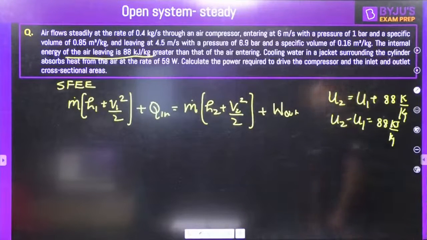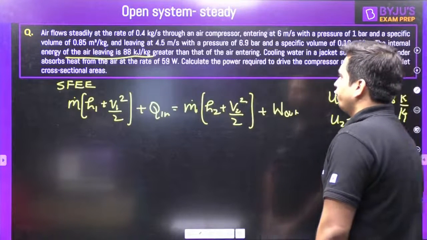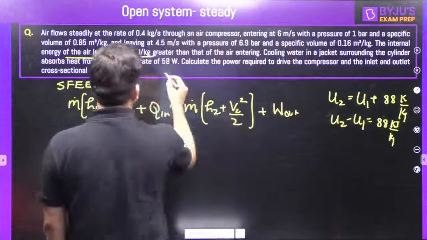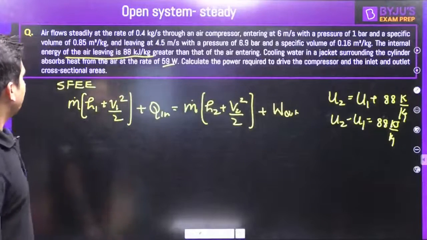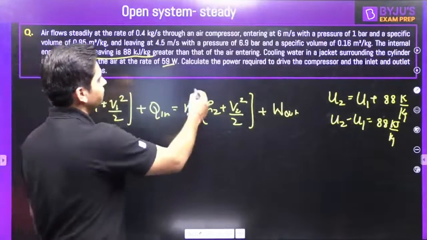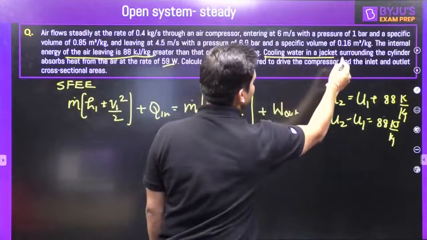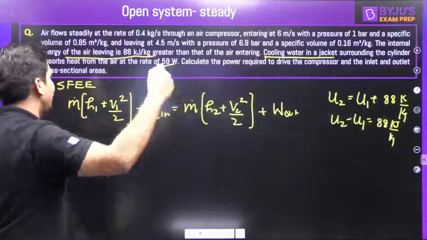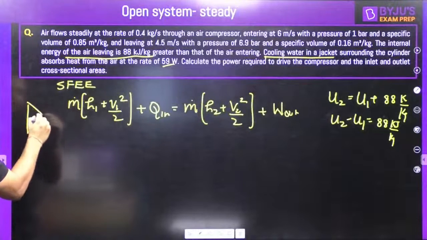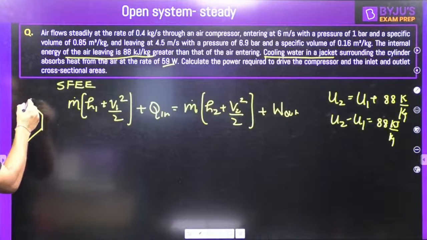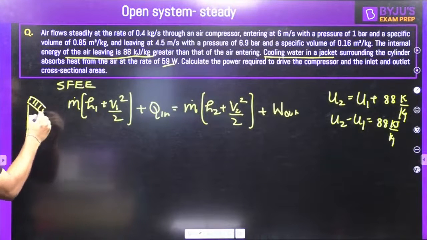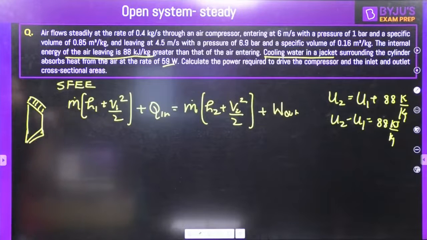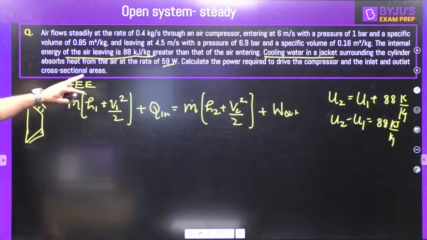Now they are saying it absorbs heat from the air at the rate of 59 watts. So what do we have? Compressor is there, cooling water in the jacket surrounding the cylinder. So we have compressor and there is some cooling jacket that absorbs heat at the rate of 59 watts.